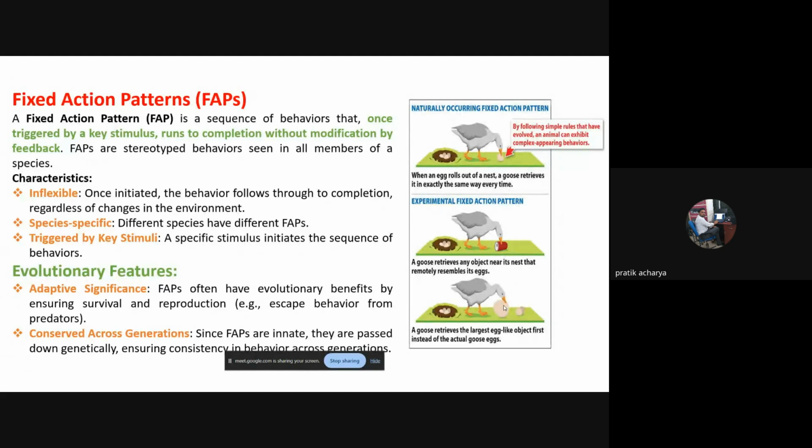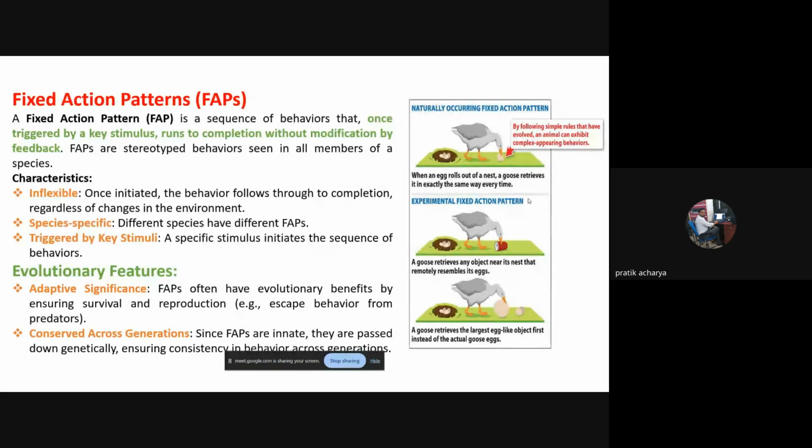Certain birds, if this is the condition, just look at the picture, this is the nest. If a bird finds that certain eggs are rolling out of the nest due to any factor, they start returning the eggs towards the nest in the same rolling manner.